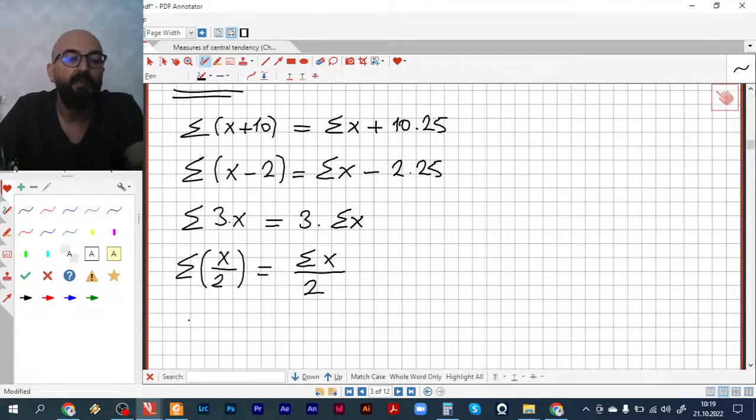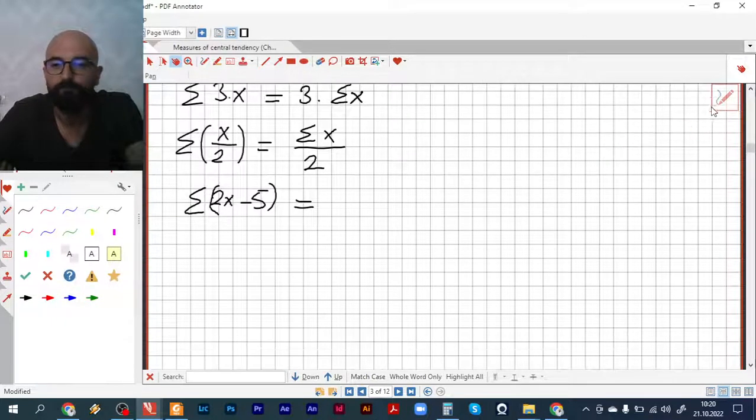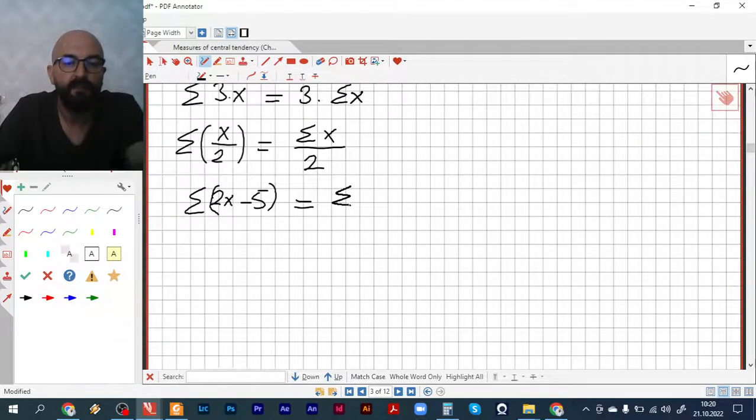And for 2 times x minus 5, you can use the sum of 2x minus 5 multiplied by 25, because you have 25 data.